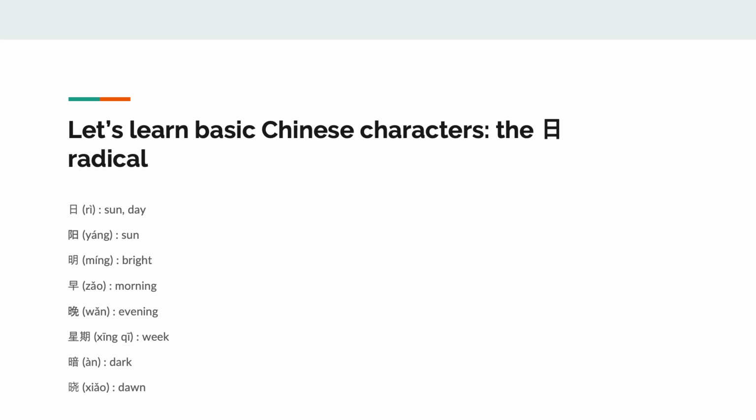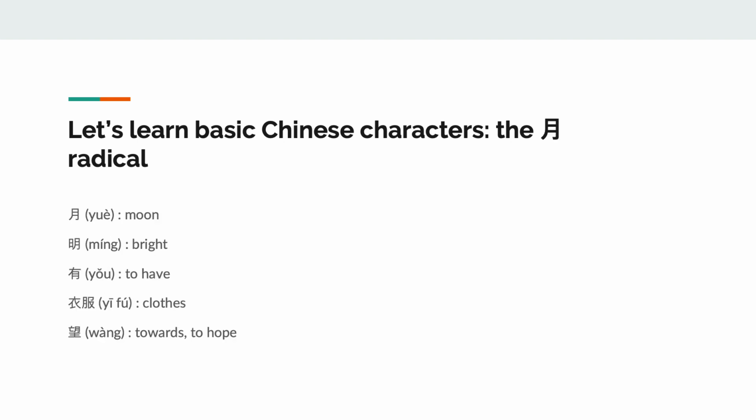As you can see, the radical can either give hints about the character's meaning or it can be related to the character's pronunciation. Sometimes they are not related, however. Can you see the radical 日, meaning sun, in all of the rest of the characters?